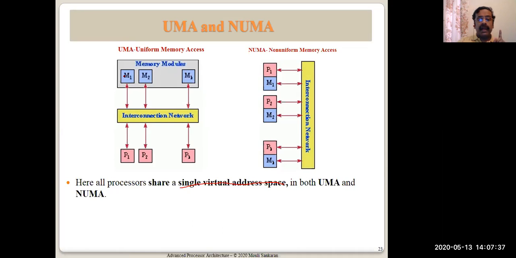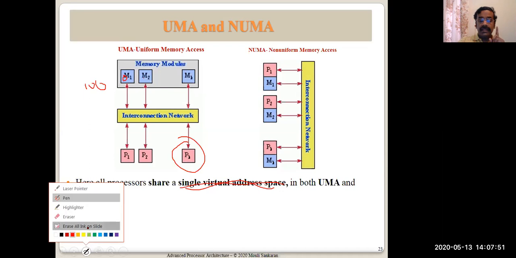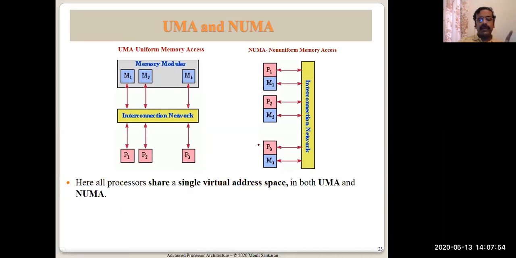They share a single virtual address space. That means an address here is unique: if any processor accesses address 100, it will reach the same location in memory, in the same single address space. But physically they may be UMA or NUMA, non-uniform access or uniform access.